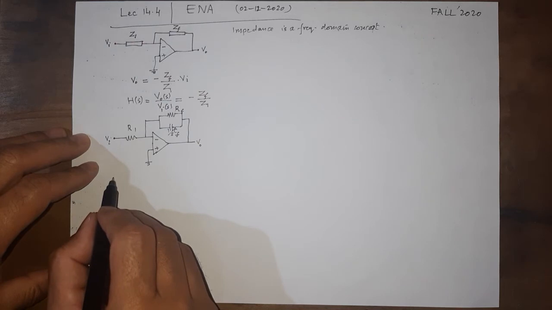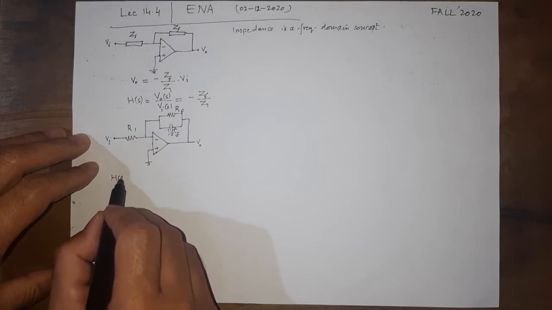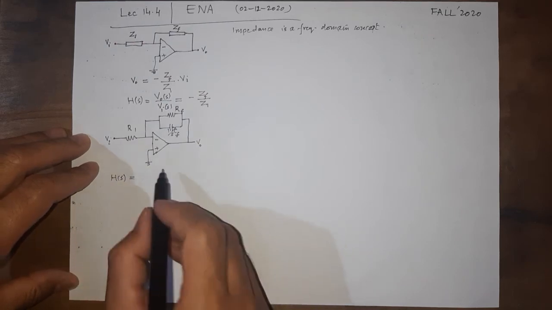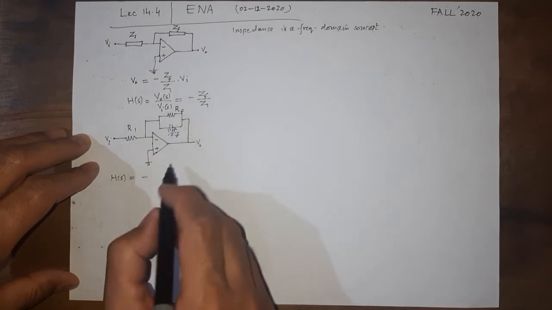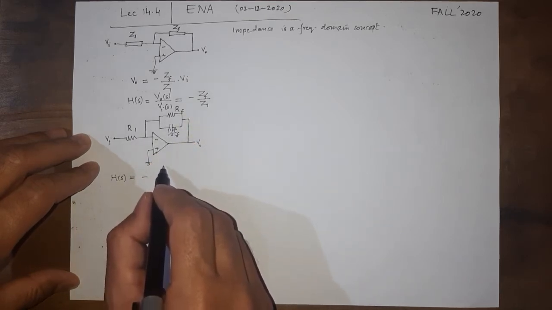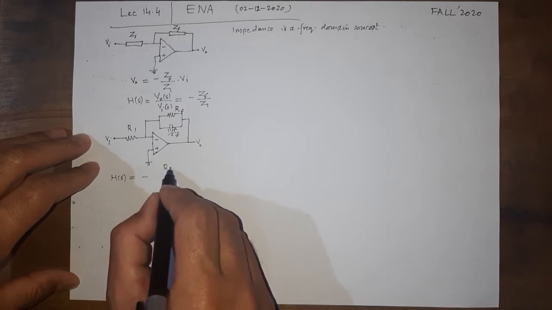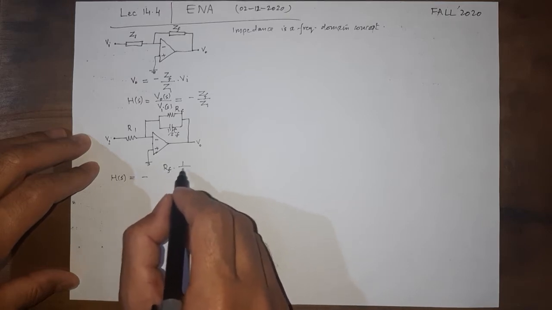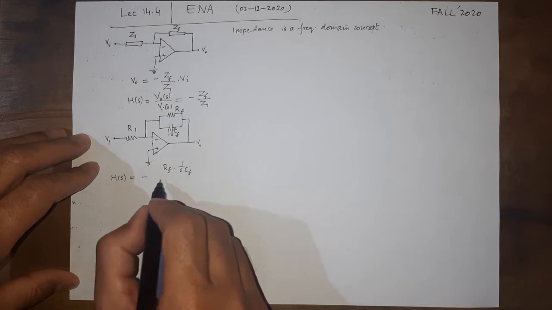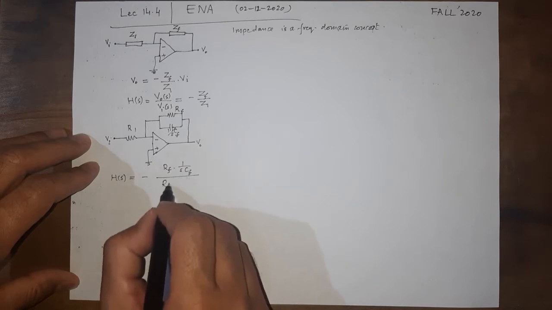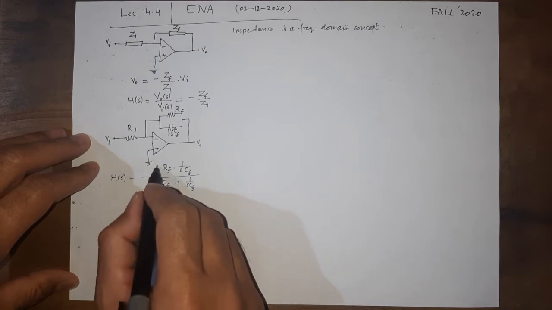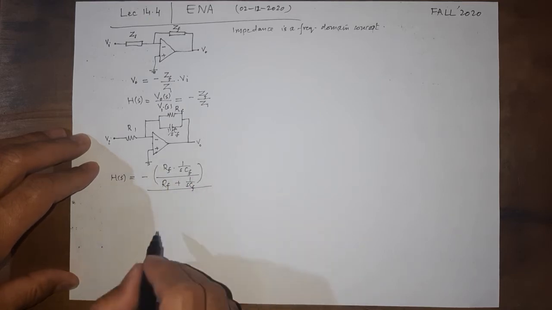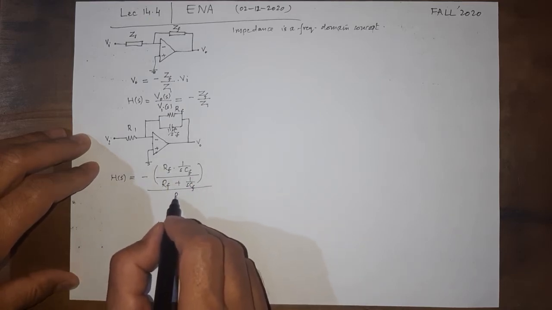Then the H of S for this circuit would become the negative of the impedance. Now this is in parallel, so basically we can write this as RF into 1 over SCF divided by the sum RF plus 1 over SCF, this thing divided by the input R1.